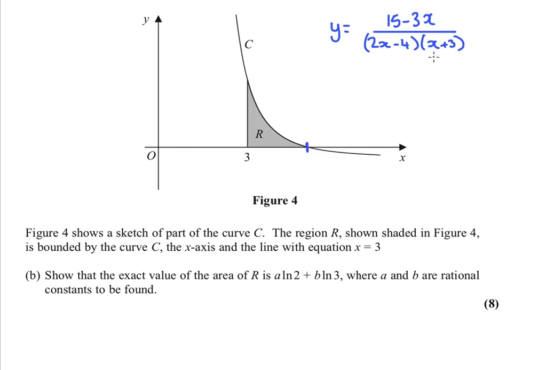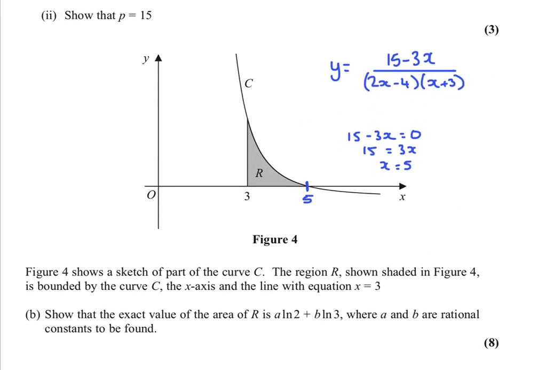So if we look at this graph, the function, y is going to equal 0 when the top of this fraction equals 0, and 15 minus 3x is going to equal 0 when x is equal to 5. So we know we're integrating between 3 and 5.